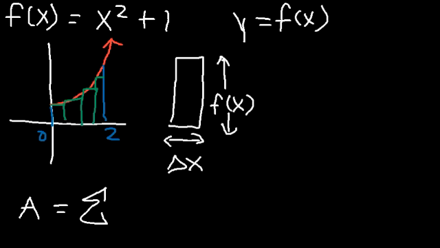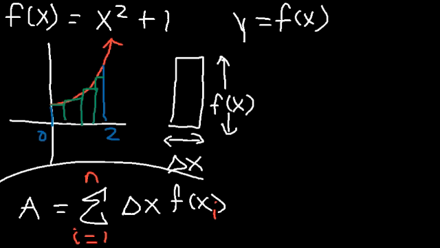The sigma notation represents the sum of all the individual areas of each rectangle. Now let's say this is f of x, with i equals 1, and it stops at n. So let's use 4 rectangles to approximate the area. But this is the generalized equation.